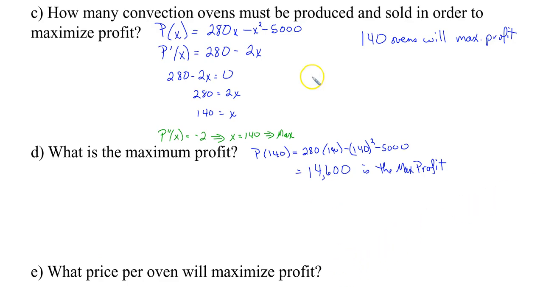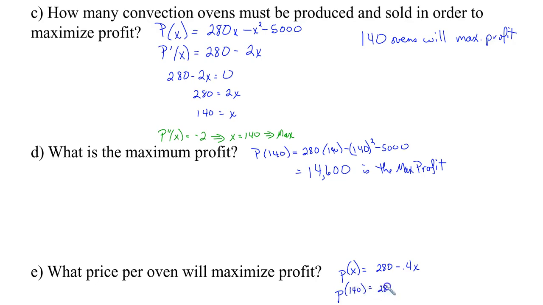So change this back. The price function, little p of x, is 280 minus 4/10 times x. This is where, in little p of x, I'm going to plug in the number of ovens, so 140.